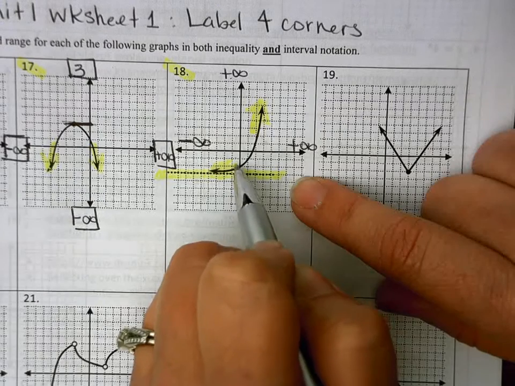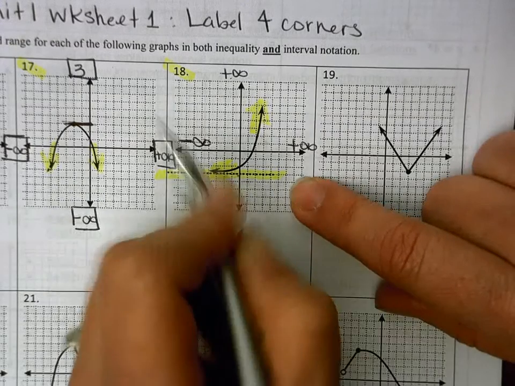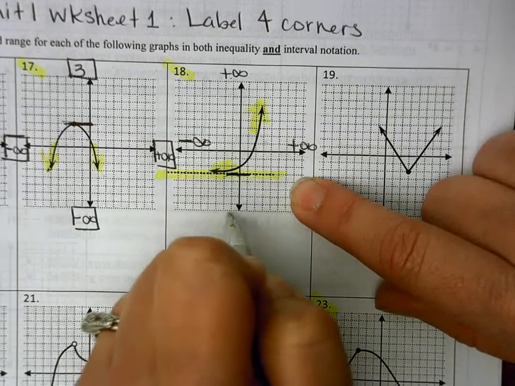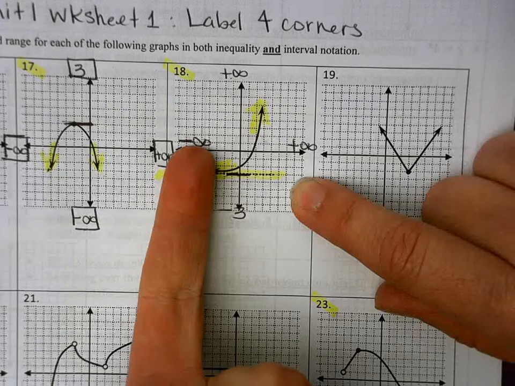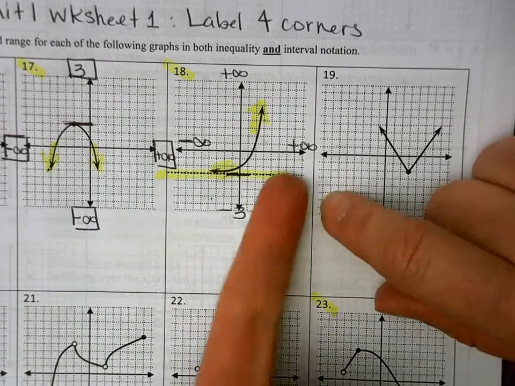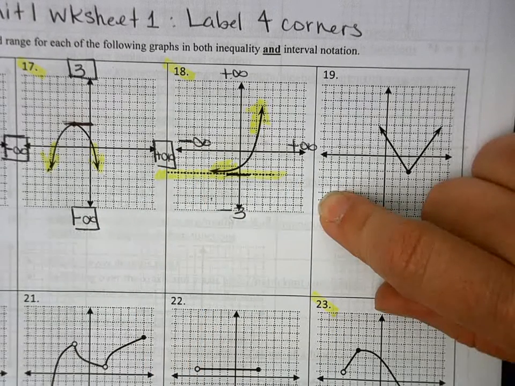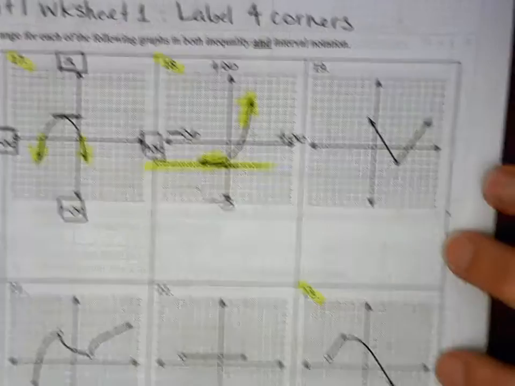So then I'm going 1, 2, 3. The asymptote is at negative 3. So my bottom corner is negative 3. Okay, so even though this is left forever, it is not down forever because of the asymptote. And let's do one more question, number 23.